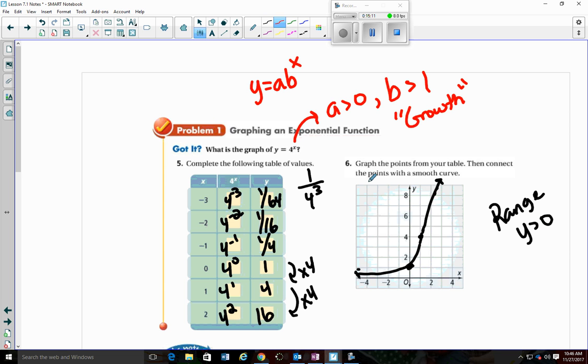So if it's a decay, it's going to go like that. So growths go up from left to right, and decays will go down from left to right. I'm going to erase the decay. I just wanted to mention that for your information, since you're working with both. But your notes give you a good example as far as what a growth looks like. And again, that's increasing from left to right.